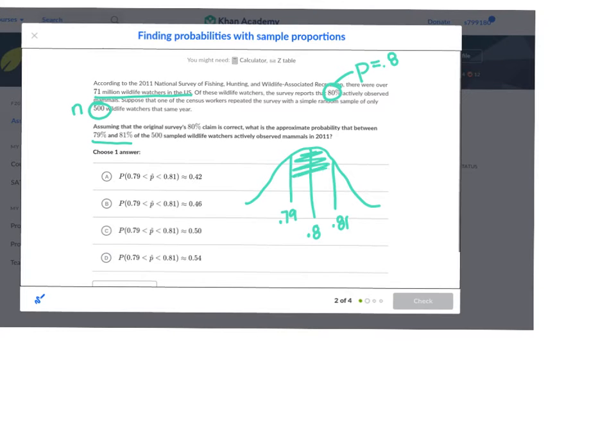So we want to know what's between those. So when it's between, I have to calculate 2 z-scores and then subtract their probabilities. So I'm going to start with the z of the first one. And so it's always observed minus mean divided by the standard deviation. So in this case, my mean is 0.8. My observed in the first one is going to be 0.79, and the second one is going to be 0.81.